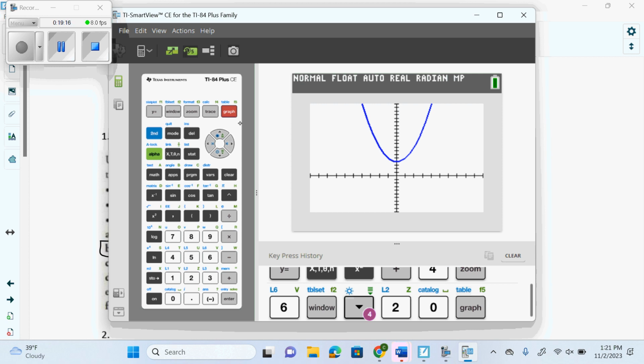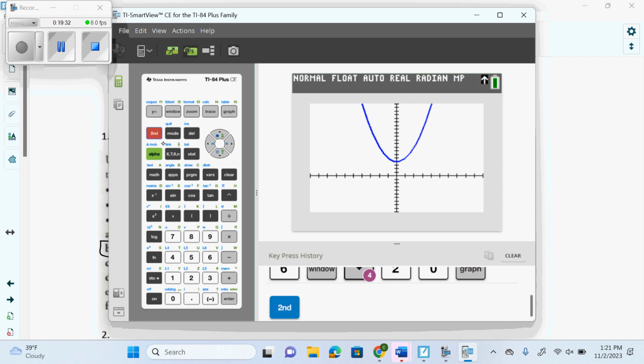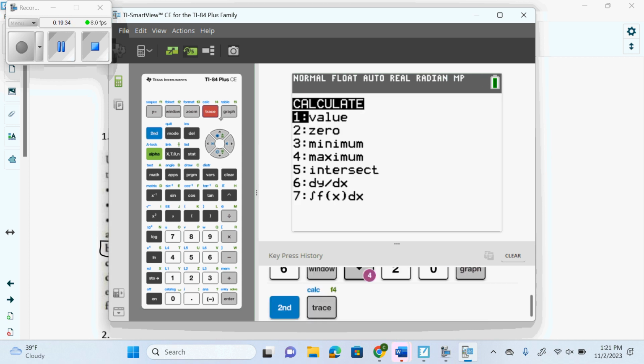Now to get our range, we need our minimum or our maximum, correct? If it's a minimum, it's greater than or equal to that. If it's a maximum, it's less than or equal to. That's what we learned last year. Does this graph have a minimum or a maximum? A minimum. So we go second, trace, because that's where we're going to go to calculate. Which one are we going to pick?